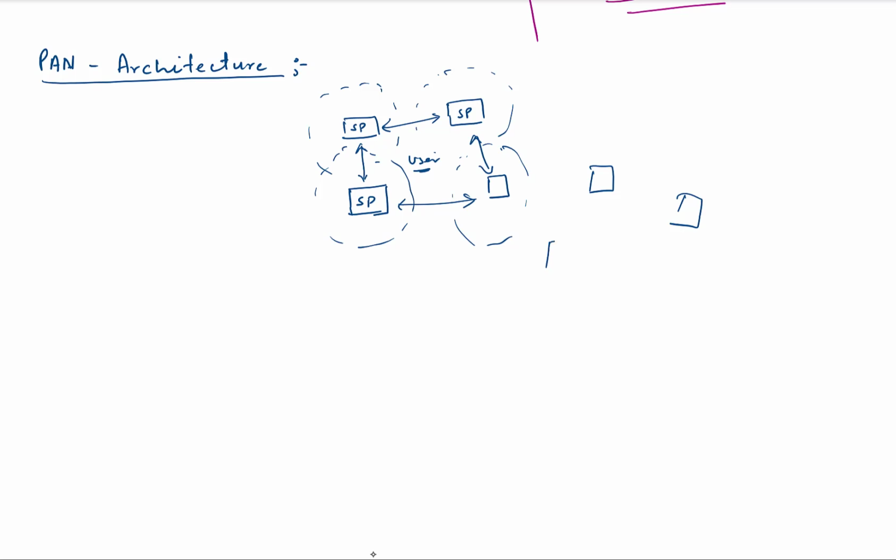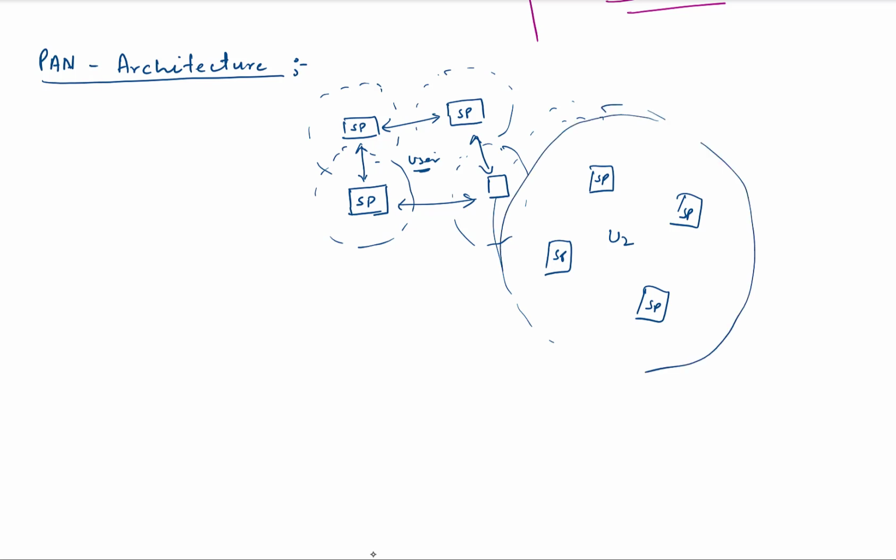They are situated like this. Suppose here you have user 2, and user 2 has some wearable devices. SP stands for smart peripheral, and they are intersecting each other's personal operating space.